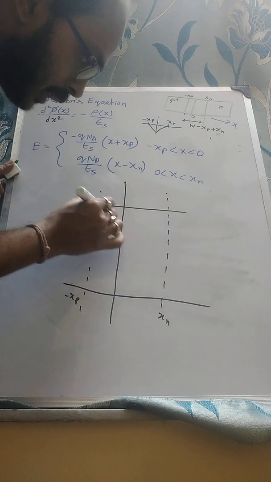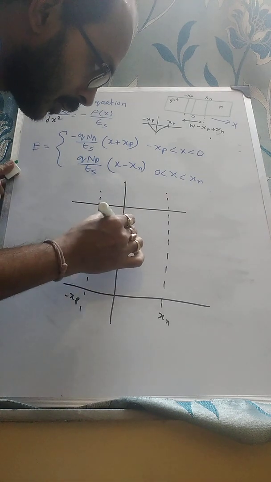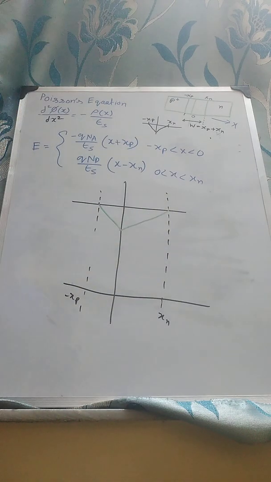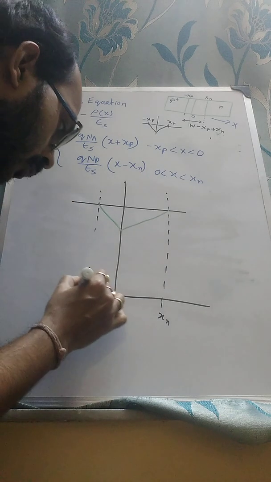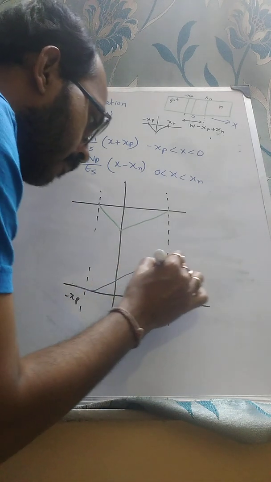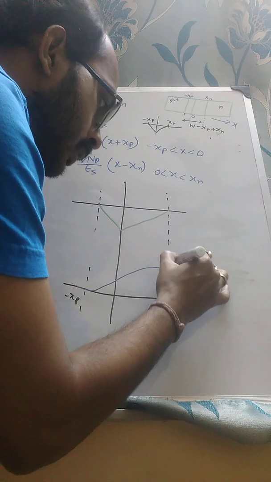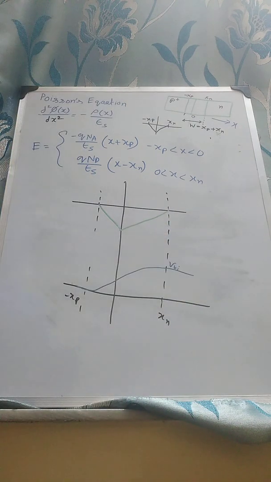So your electric field varies like this, okay? And your potential would vary like this, so this is your VBI, right? At xn it becomes VBI, right? That's all. If you have any question, you can ask me.